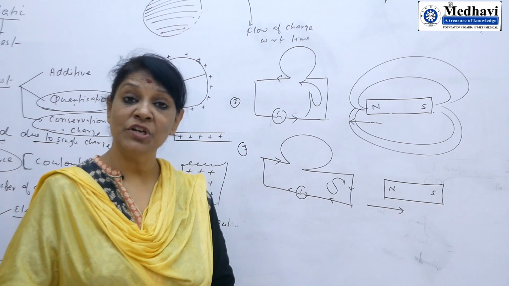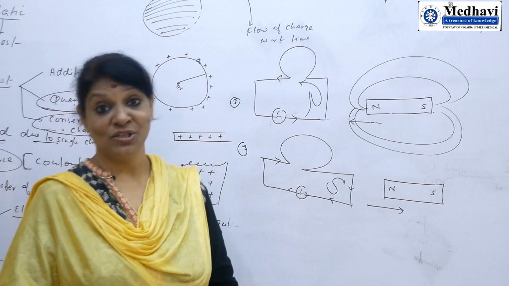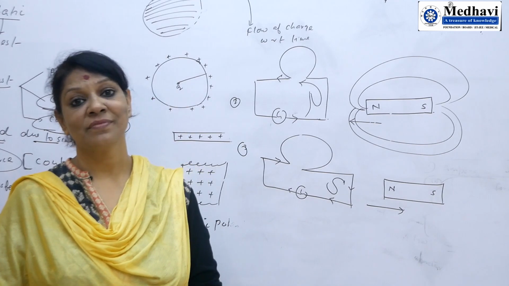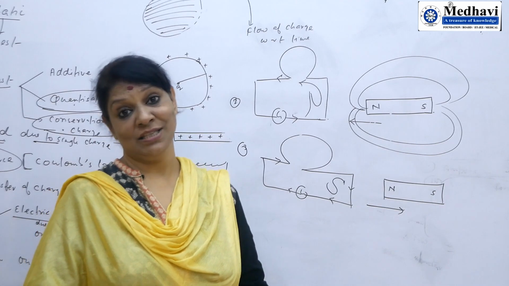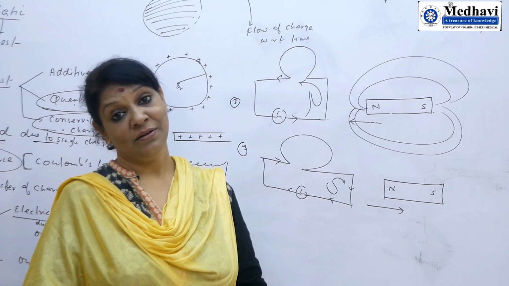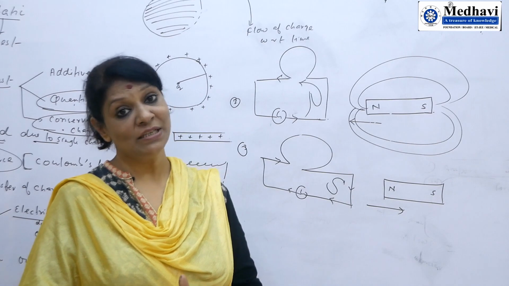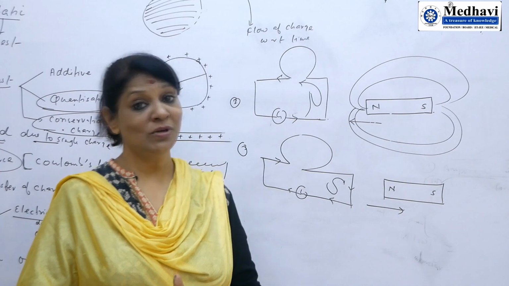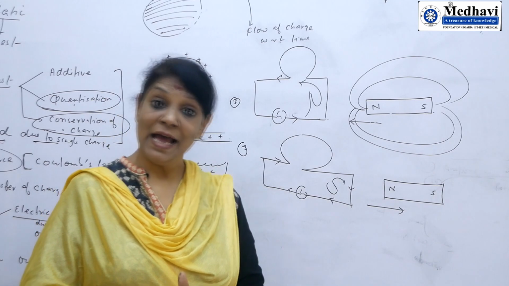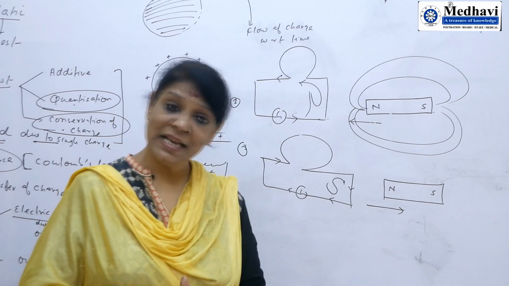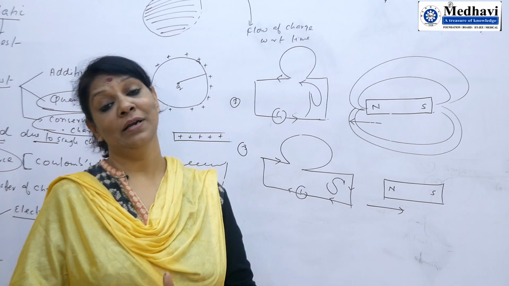When this EMF is induced in the same coil where current is flowing, this is called self-induction. And when this EMF is produced in another coil, this is called mutual induction. So there are two branches of induction, self-induction and mutual induction, that we need to study in this branch. And as there is an electromotive force, current will be produced, and that current is called eddy current.